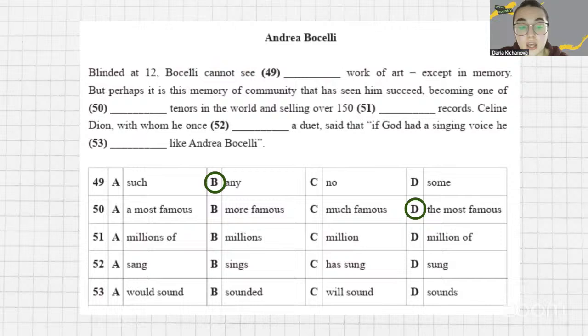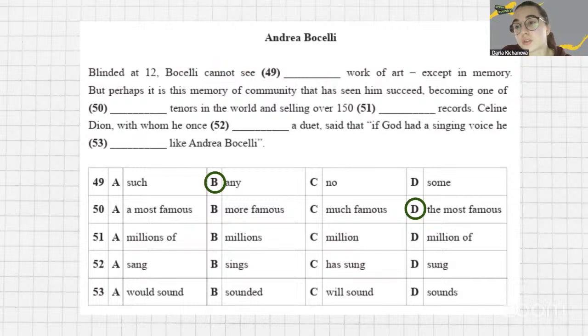51. There we have millions of, millions, million and million of. Let's see what we should put here. I can see that you chose D, or maybe that is the answer for the previous question. So let's wait a little bit.